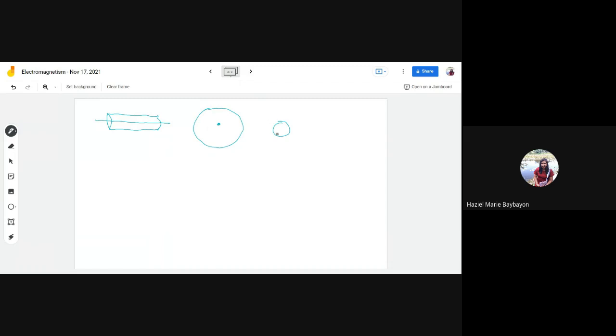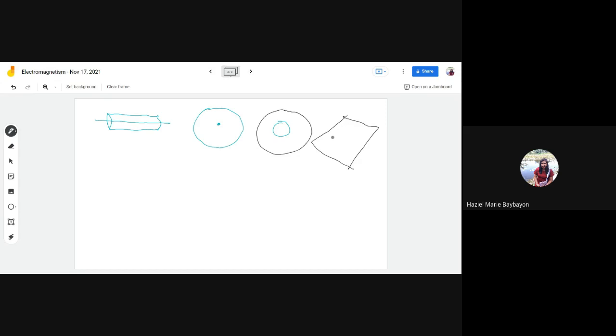So again, if you have a spherical charge distribution, then you can use a spherical Gaussian surface since it has a spherical symmetry. And if you have a plane, for example, what we'll be using is a Gaussian pillbox.